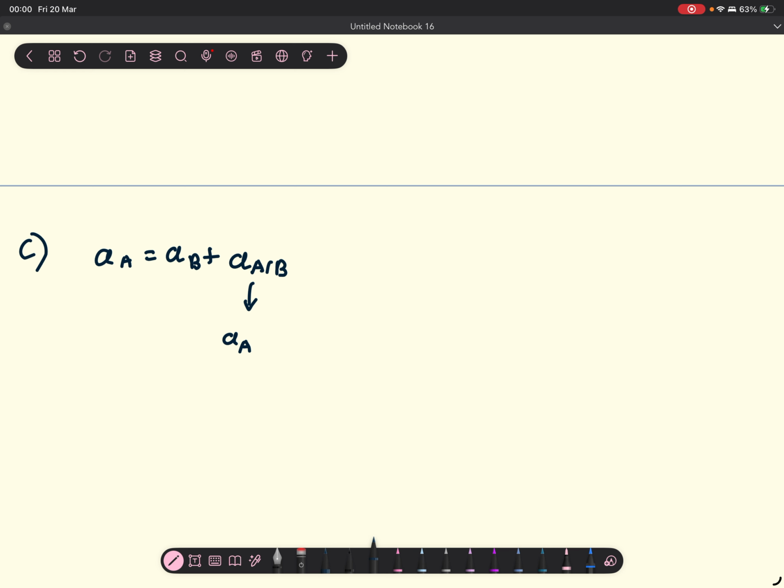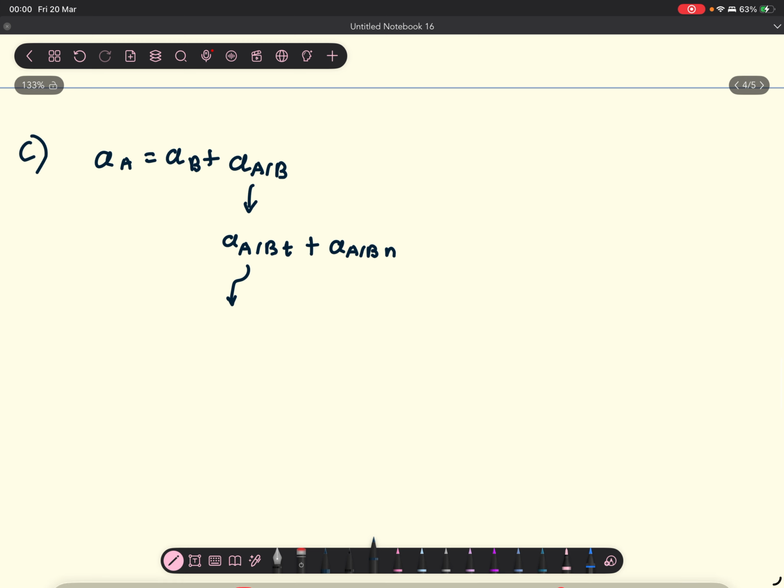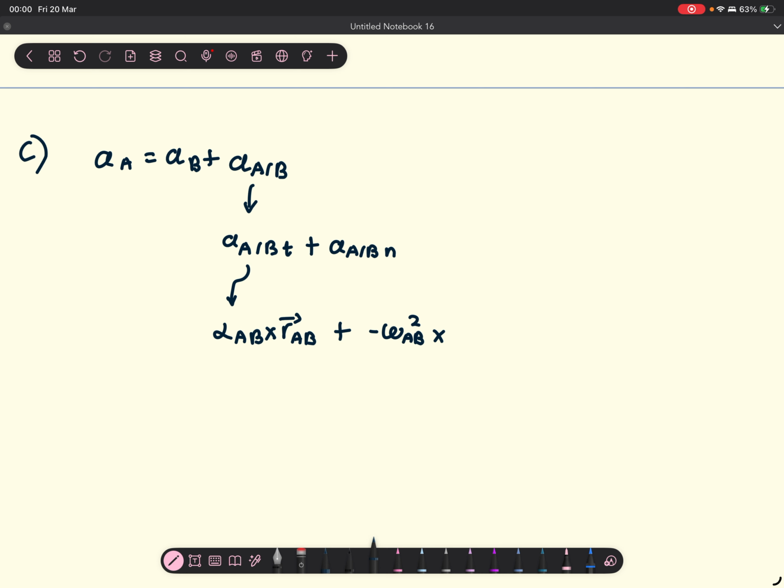Then acceleration of A relative to B will have a tangential component, and it will have a normal component. This tangential component will be equal to alpha AB crossed with R AB, and then the normal component will be equal to minus omega AB squared times R AB. Okay, cool.